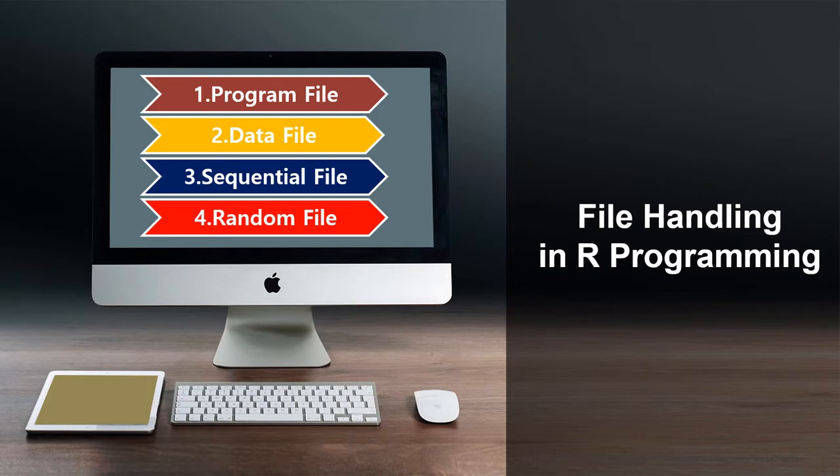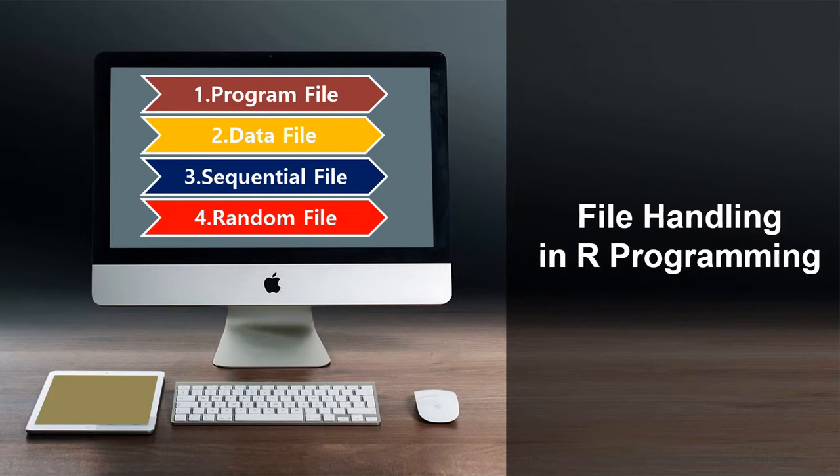Let us start with the different kinds of files. Today we have different kinds of files like program files, data files, sequential files, random files, and other graphics files and audio files. But basically in programming languages we are focusing on program files, data files, sequential files, and random files.